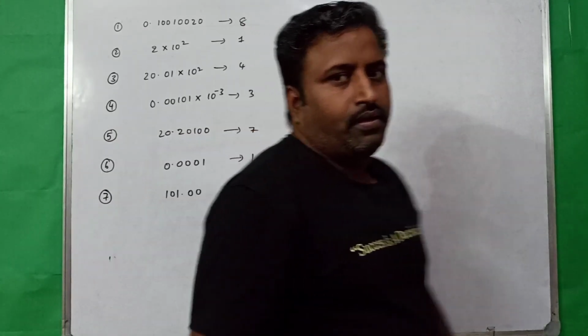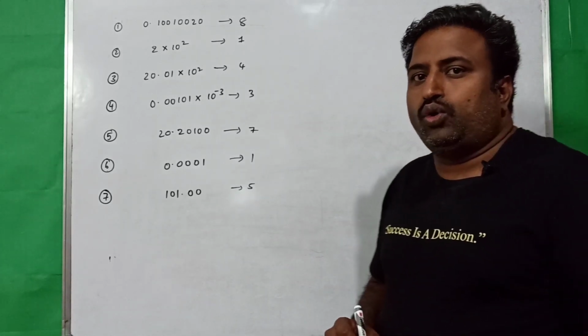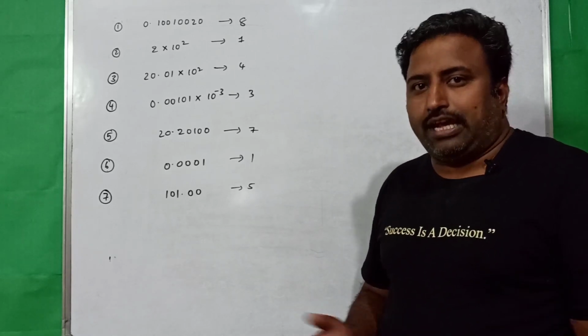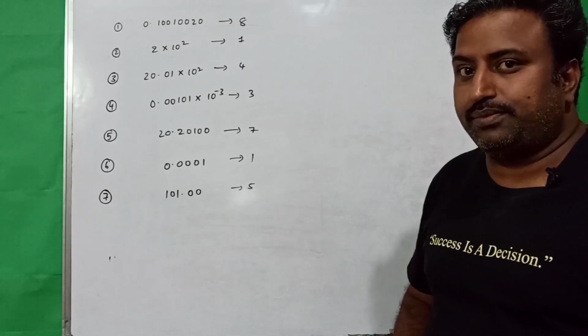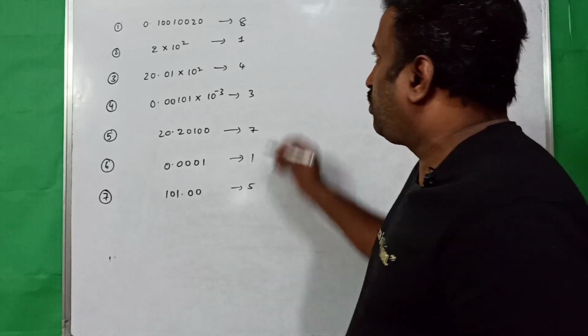Now let us learn how to represent a number after calculations, meaning addition, subtraction, division and multiplication. First, rule 1.